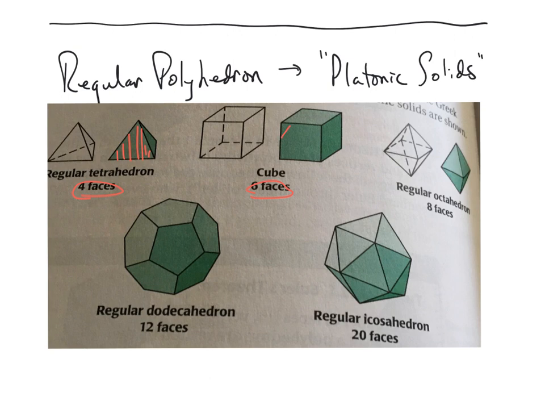Obviously, that means each one of the faces is then a square. We have a different type of one involving triangles. It's called a regular octahedron. Again, all of the shapes would be equilateral triangles, but we put 8 of them together. It has 8 faces.